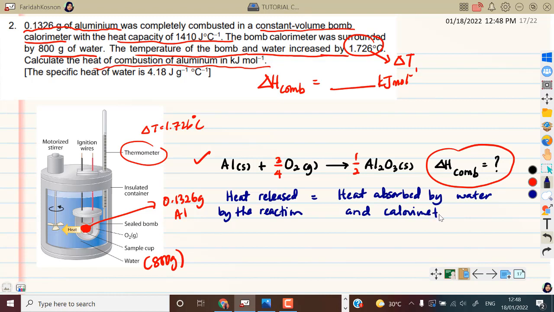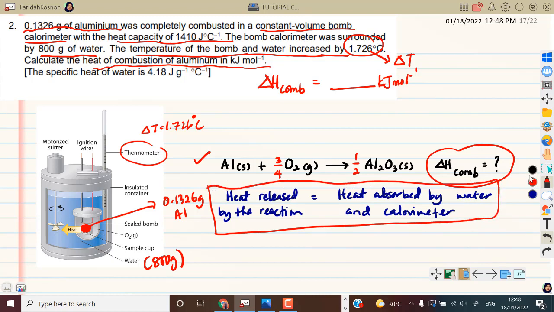So this concept, the basic concept, basic principle of the calorimeter ni kita kena tulis. Tulis dulu. Alright? Okay. Kalau kita terjemahkan dalam bentuk equation or formula, macam mana? It is equals to Q reaction equals to negative Q water plus Q calorimeter kan?